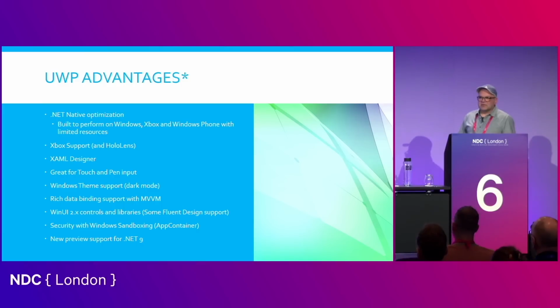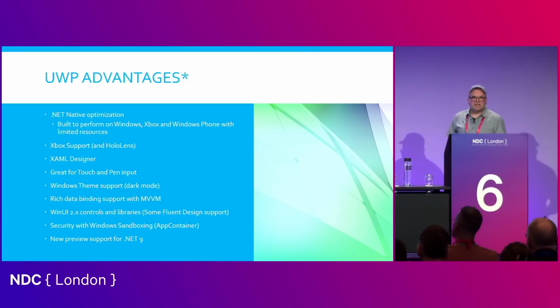Rich data binding support with MVVM, just like WPF and the other XAML frameworks. You have a set of controls called the WinUI 2 controls, and those are controls that you can add into UWP to get some extra functionality. They give you some of that fluent design look, but it's more the Windows 10 fluent design. It doesn't look as modern as the Windows 11 look that you get with WinUI and the newer WPF.